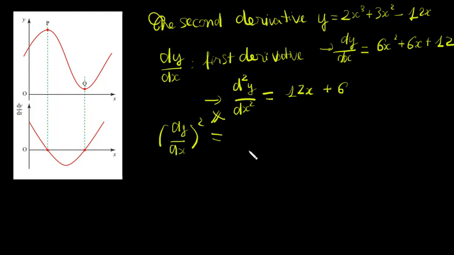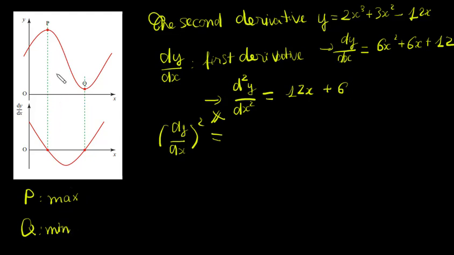So we can use the second derivative to determine which point is the minimum point and which is the maximum point. From the graph, you can see that point P is the maximum point and point Q is the minimum point.